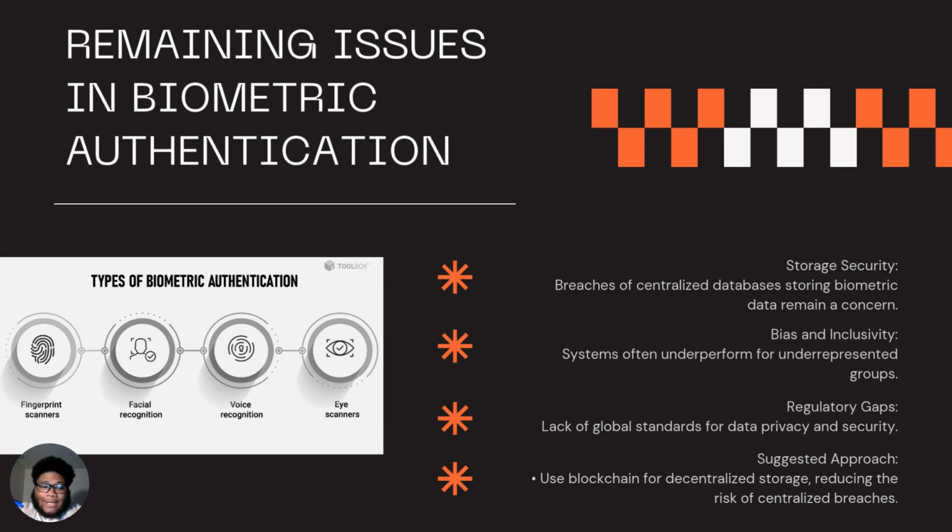So with that being said, there is still a possibility of a breach in the system. Lastly, the lack of global regulations for data breaches and data security leaves many issues.